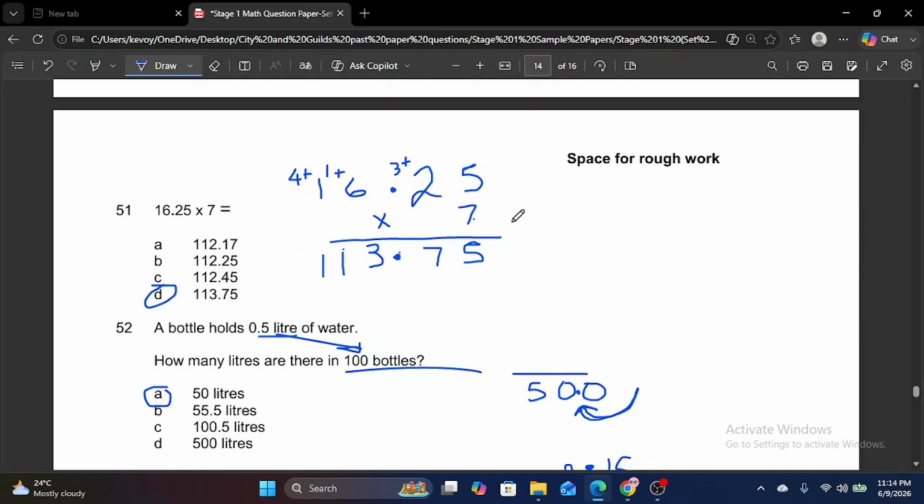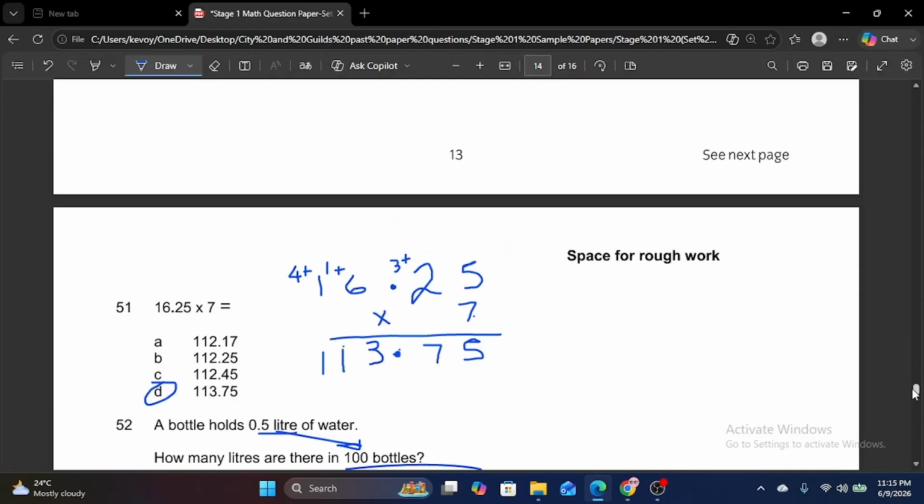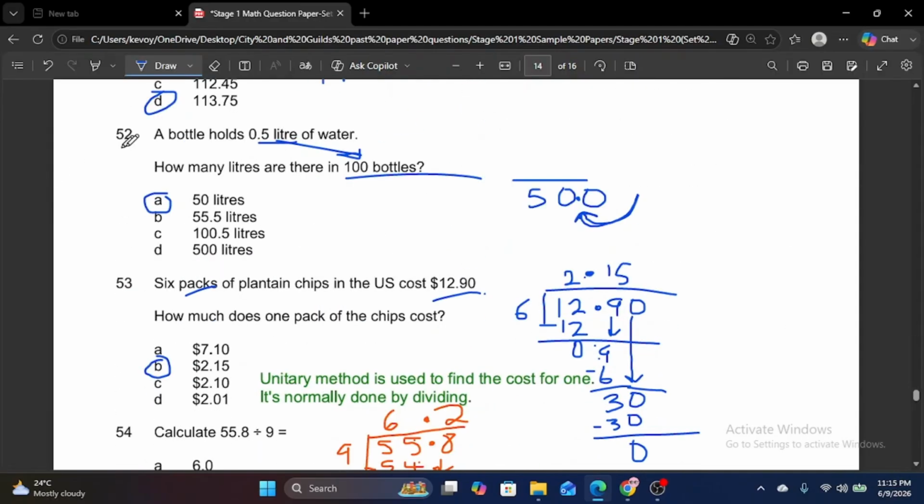So always remember, even though we carry over these numbers to be added, ensure you multiply and then you add. So multiply and add afterwards. Alright, so that's what we did now to get our 113.75. Alright, then we have question 52.